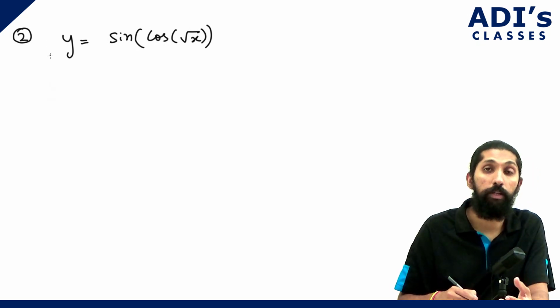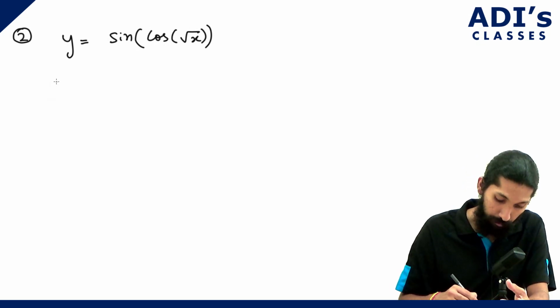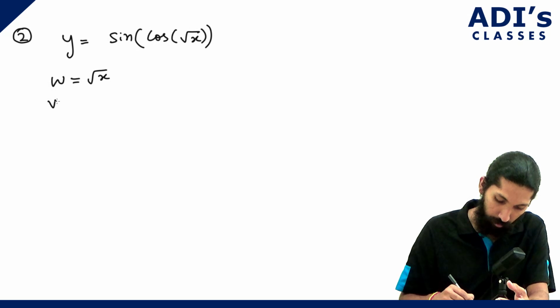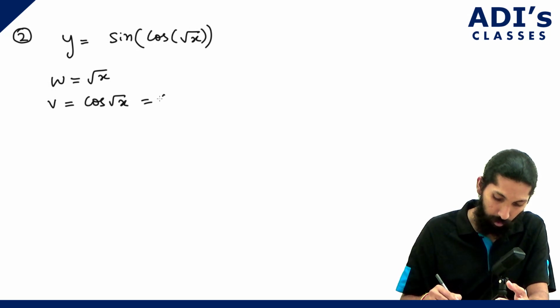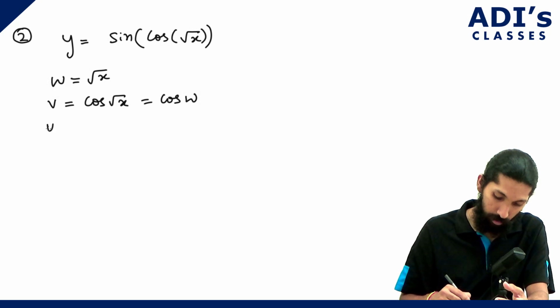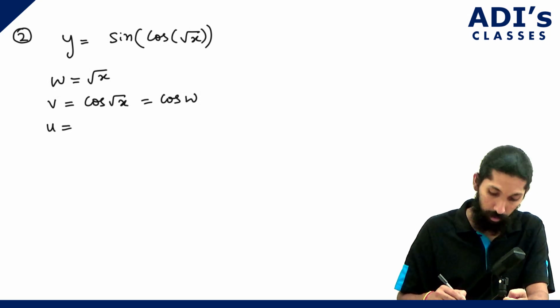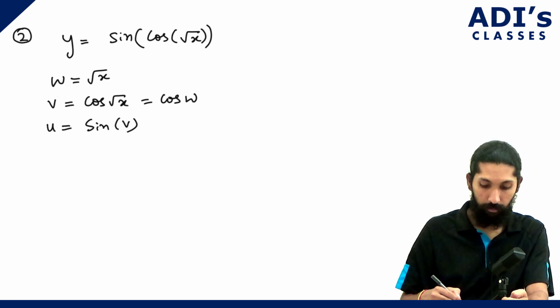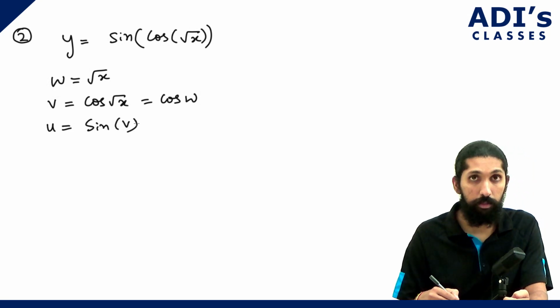So first we'll take the innermost, let's call that w. w is equal to root of x. Then v is equal to cos root x, which is nothing but cos of w, because w is root x. Next, u is equal to sine of v, because v is nothing but cos root x.